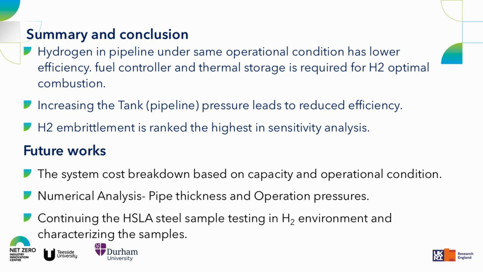Hydrogen embrittlement is ranked as the first item with the highest impact on the safety and risk analysis. But this is among the expert views of the project members. If we take this survey to other communities like industrial clusters, then we might get some other results.